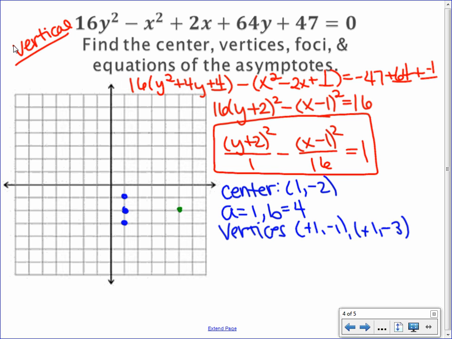So we moved A vertically because A is associated with y. We'll move B horizontally since B is associated with x. But we don't have to actually record those points. We're just going to use them to make a box, a rectangle.